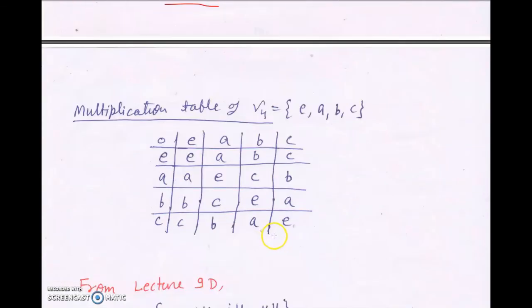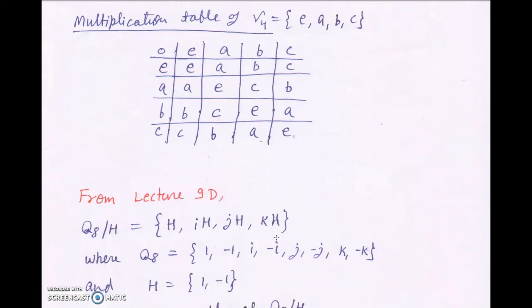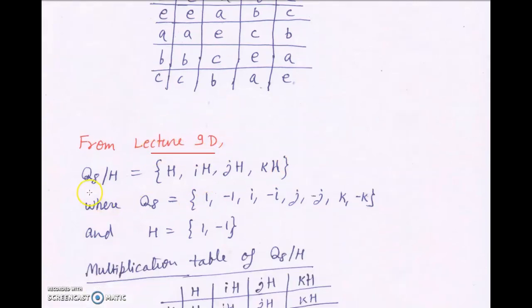Now let us see another example. In lecture 9D, we have calculated Q8 by H. Q8 is the quaternion group on 8 elements: 1, -1, I, -I, J, -J, K, -K, and H is its center, namely {1, -1}.